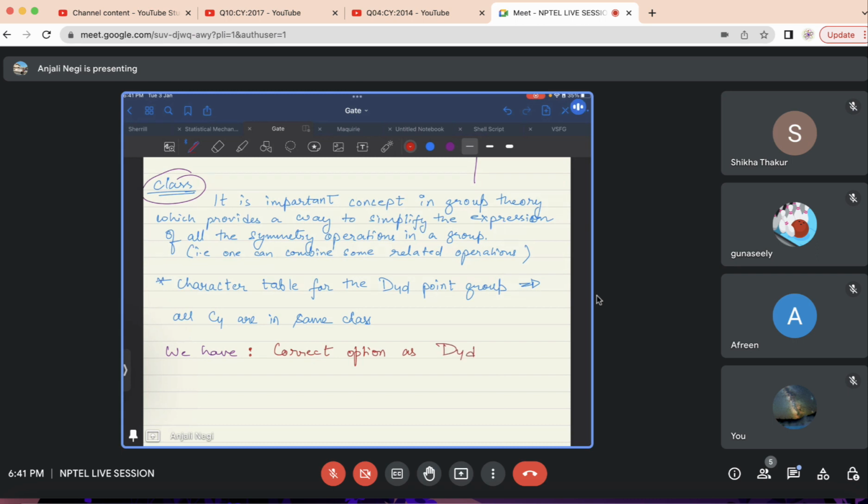Yes, a confusion can be created between D4d and D4h point group, because if class or character table is not understood by you, then it can create a little confusion between the two. So wait a minute, I will just discuss one more thing.